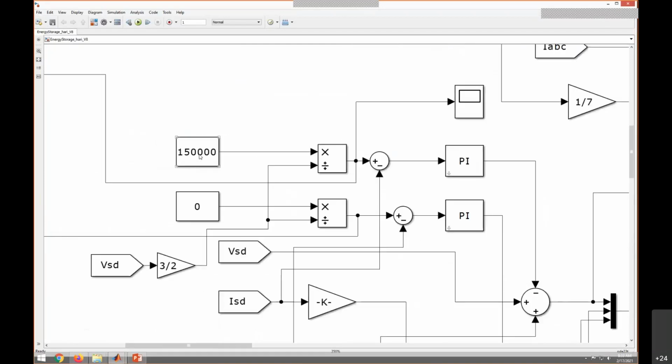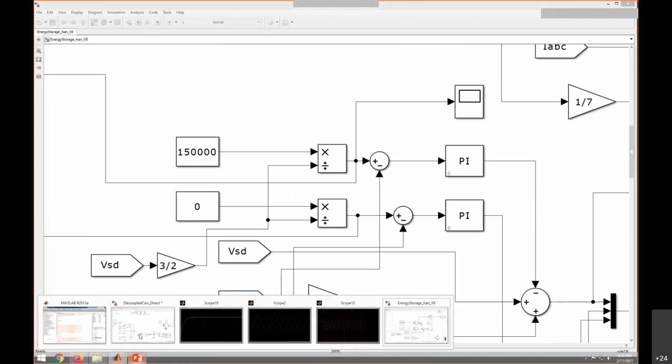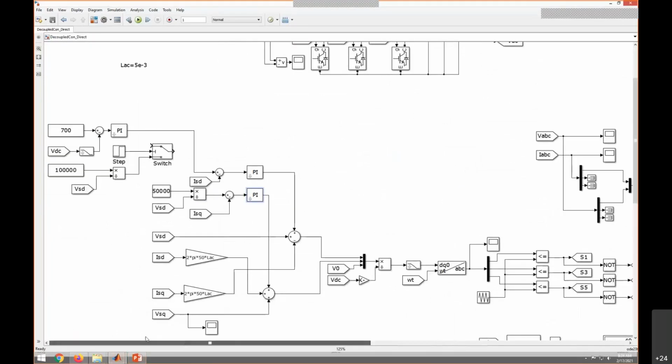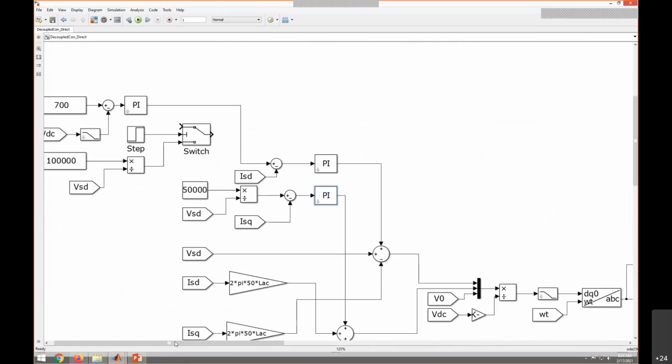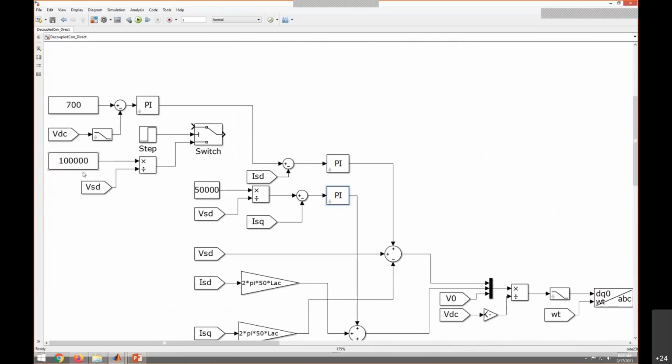So this is active power P, and this is reactive power Q. So this is active power injection. This is what we discussed, right? This is another method to inject a certain amount of active power. If you want to inject a certain amount of active power, this is the active power reference, 10,000. So this is VSD.